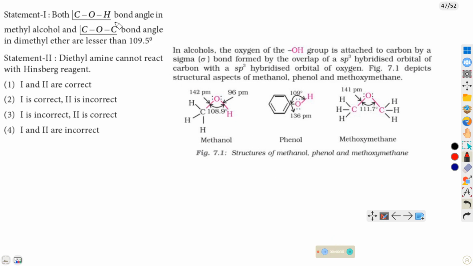Both the C-O-H bond angle in methyl alcohol and the C-O-C bond angle in dimethyl ether are less than 109 degrees 5 minutes. In case of methyl alcohol, 108.9 degrees. Yes, correct. In case of dimethyl ether, 111.7 degrees is not less than 109 degrees 5 minutes.